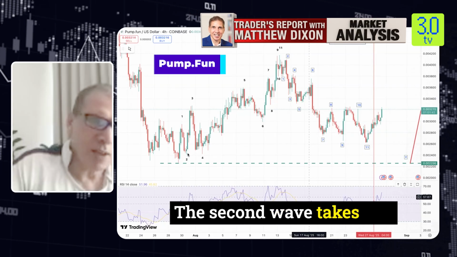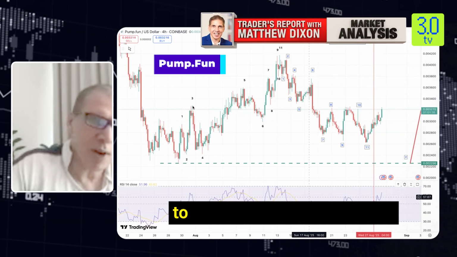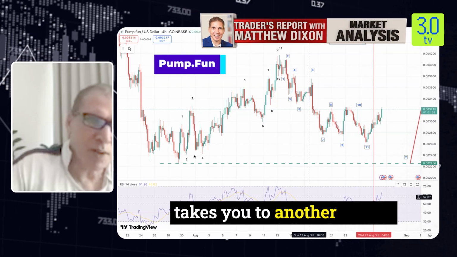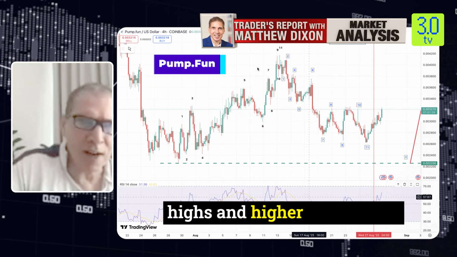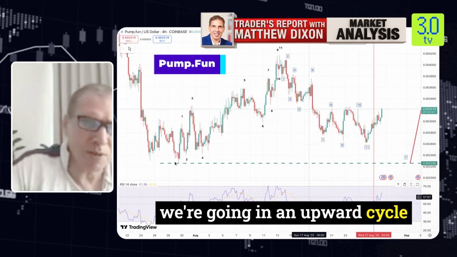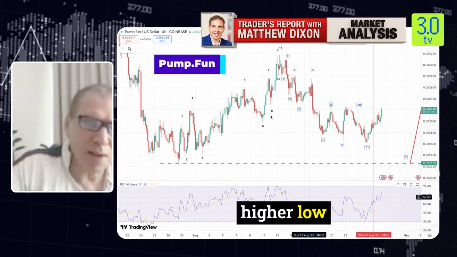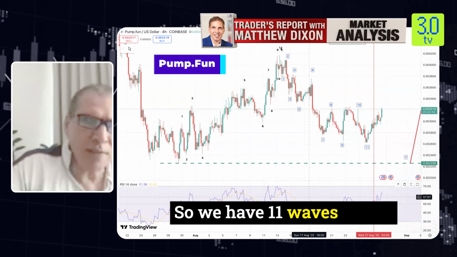The second wave takes you to a higher low in the cycle. Then the next wave takes you to a higher high in the cycle. And the next wave here, 4, takes you to another higher low in the cycle. So we keep going for higher highs and higher lows whilst we're going in an upward cycle. So higher high, higher low, higher high, low, high, low, high, low, high, low, high. So we have 11 waves in this cycle.